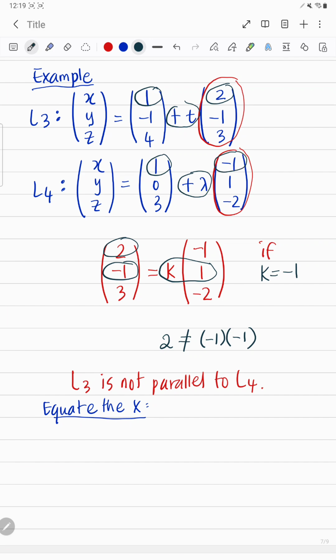Let's put down that equation: 1 plus 2t equals 1 minus lambda. Similarly, if we equate the y, you should get minus 1 minus t equals 0 plus lambda.